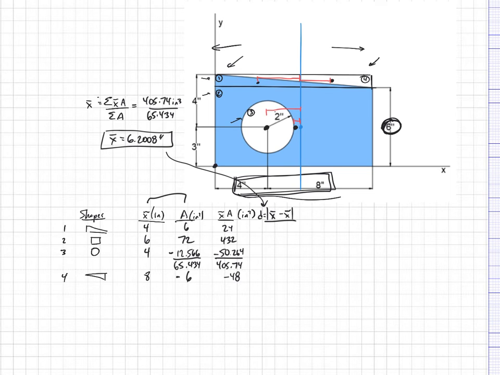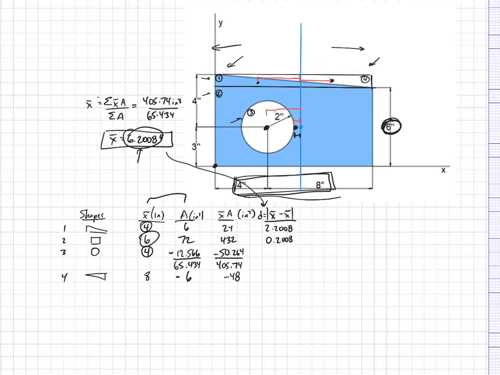So for this first one, it's 4 compared to 6.2008. So they are 2.2008 apart. For the second one, where is that one? That one's at 6, right? So 6 to 6.2008 is 0.2008 apart.